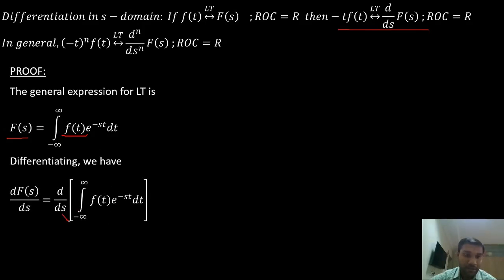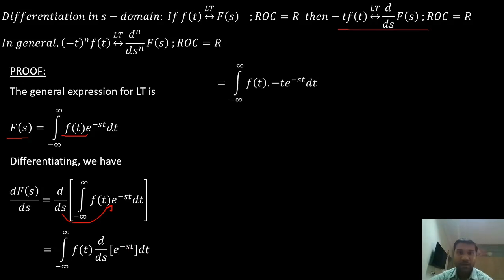Now I'll take this differentiation term inside. So what will I get? Integration from minus infinity to plus infinity of f of t d by ds of e power minus st dt. Now if I differentiate this term, e power minus st, I am differentiating with respect to s, so I'll multiply it with minus t.